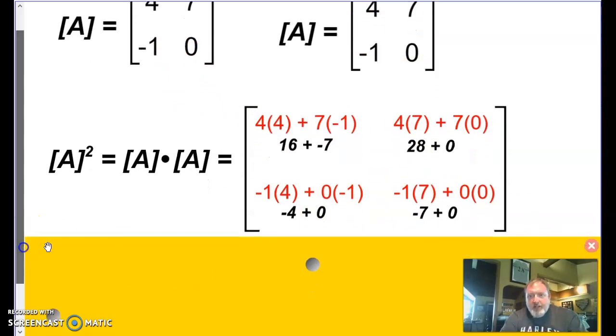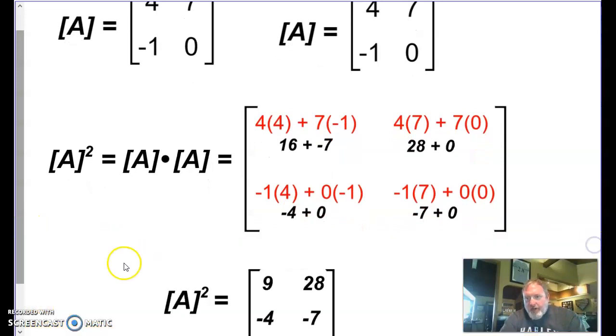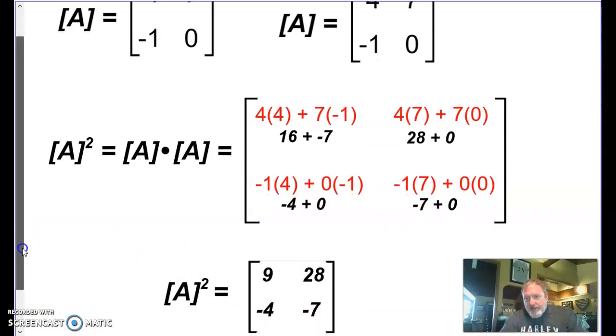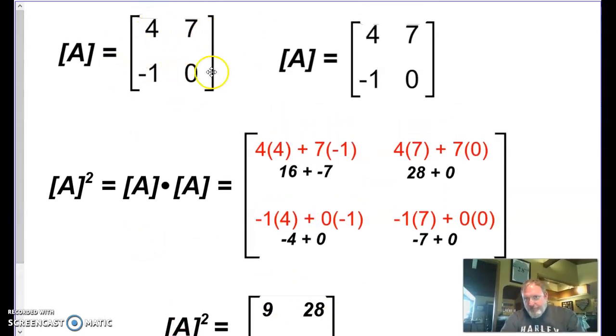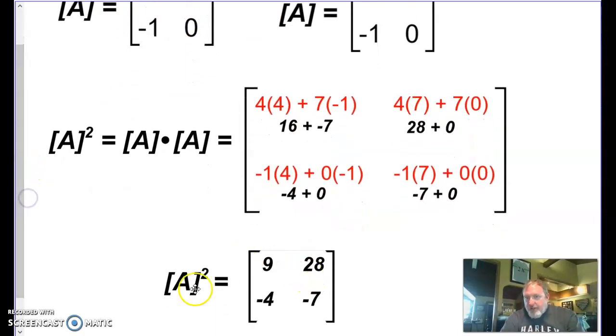So in reality, when you do A squared, you're multiplying those matrices, and you can see here we get 9, 28, -4, -7, which is way different than if you just squared these numbers. If you just squared them, you'd get 16, 49, 1, and 0, and clearly that's not the answer for A squared.